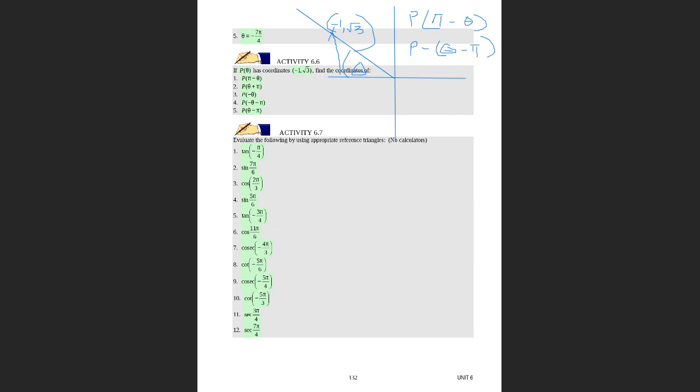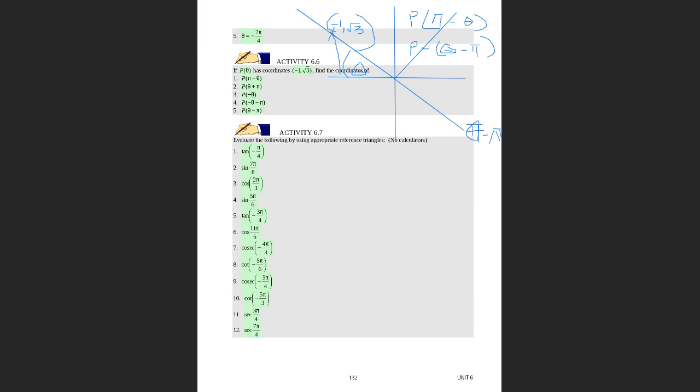So this point will be theta minus pi. Then this negative we brought out here means that it will reflect in the opposite direction. So it's going to come here now.